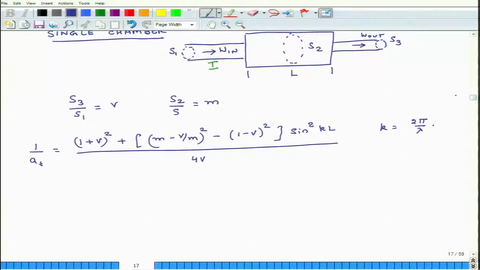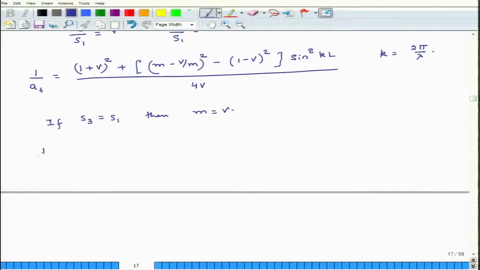In a lot of single chamber expansion mufflers, the ratio of S3 and S1 is 1. So, in that specific case, that is if S3 equals S1, then M equals V, and in that case we have a much simpler expression.